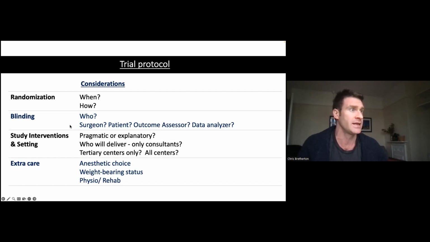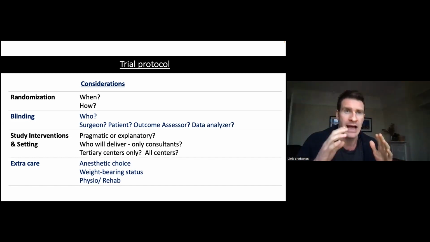So that's blinding. You've got to think about, is it going to be explanatory or pragmatic? Explanatory means you're just doing a very tight experiment. So it might be that, for instance, with that WOLF trial, you tell them that they're going to have a vac dressing on, this exact dose of antibiotics, exactly this kind of weight bearing, this kind of follow-up.